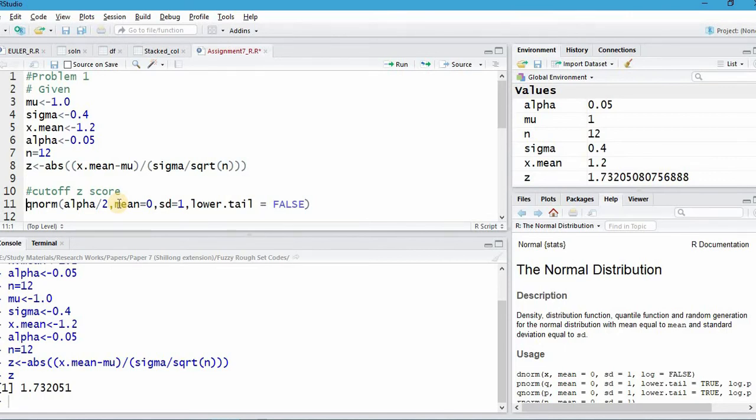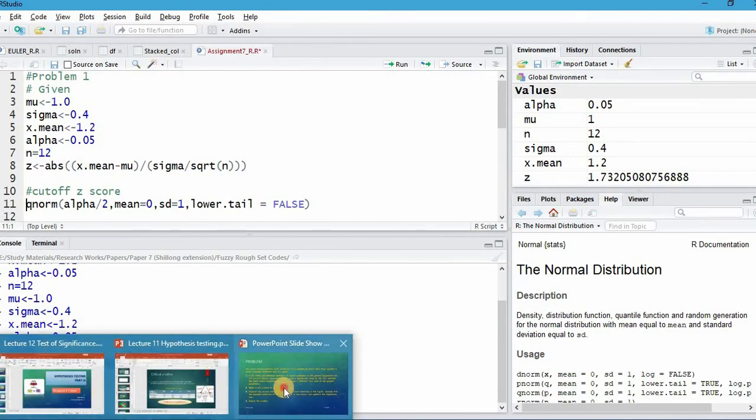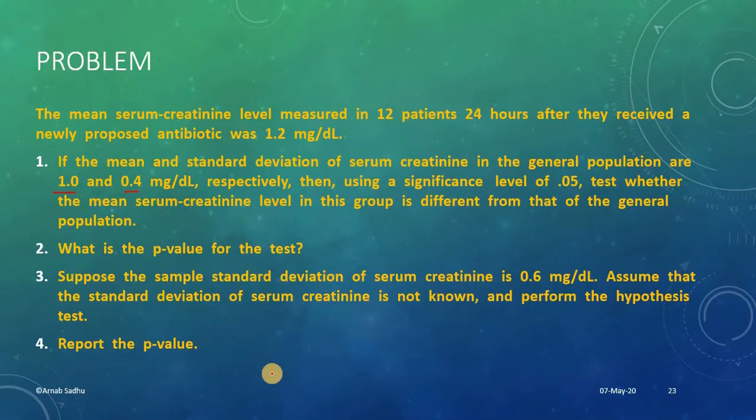Here you can see that in this case we have a two-tailed z-test, where your significance level is 95% and there is 2.5% on both sides.